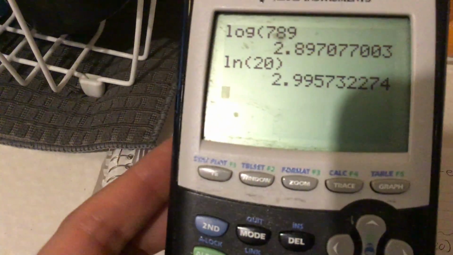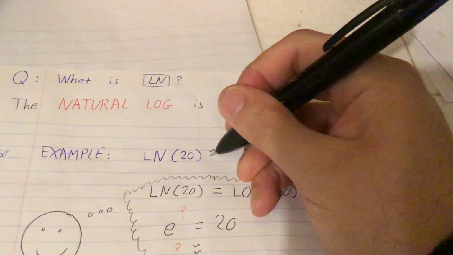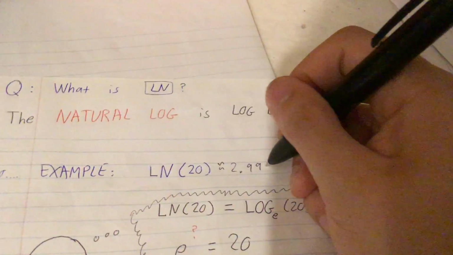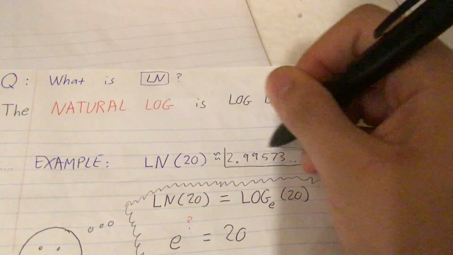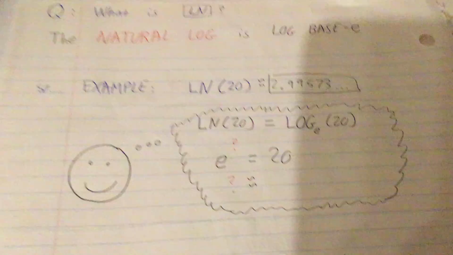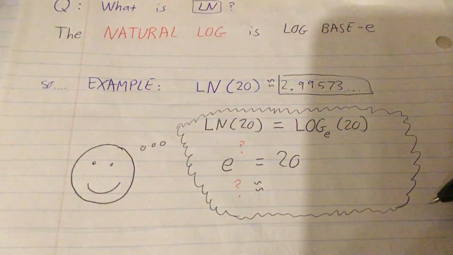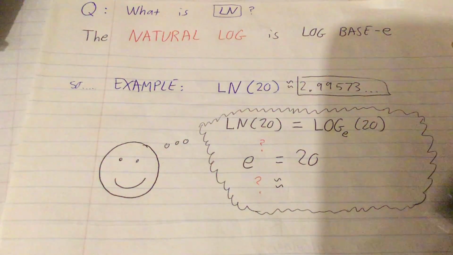So ln of 20 is 2.99573. So I just plugged in gibberish, but really what I'm asking myself when I do ln of 20 is log base e of 20. In other words, e to what power is 20?